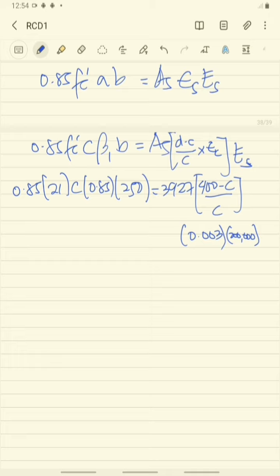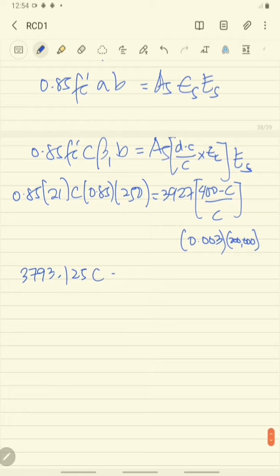Here we have to compute. For the left side, you have 0.85 times 21 times 0.85 times 250, so this is equal to 3793.125 c. And this is also equal to 3927 times 0.003 times 200,000.